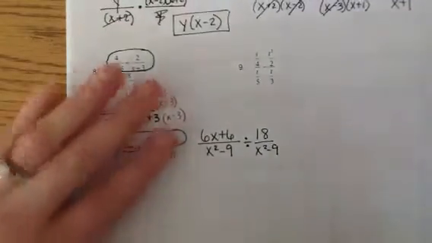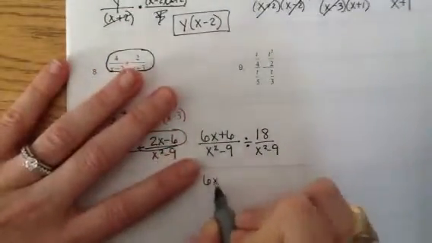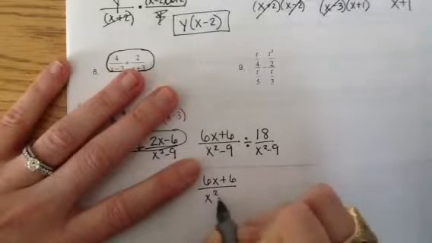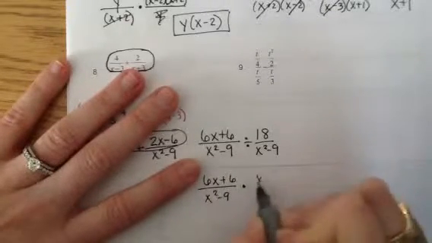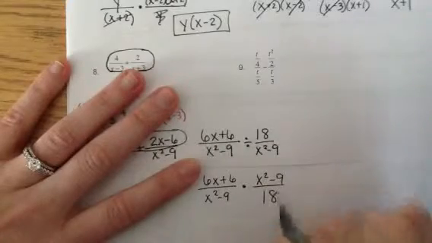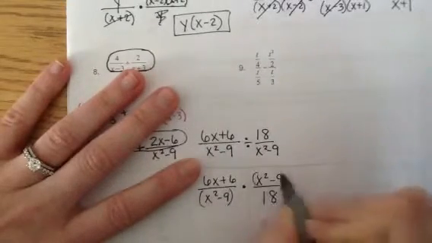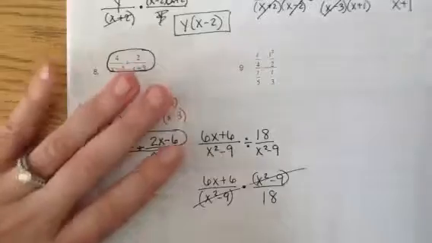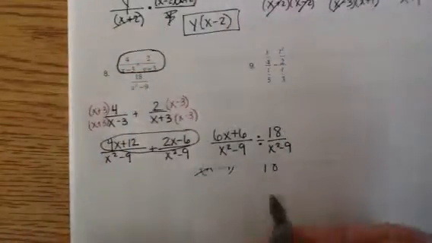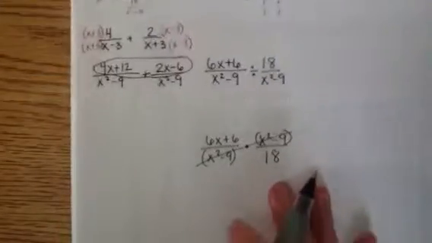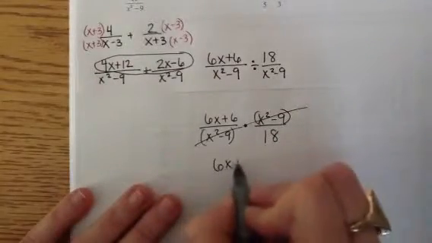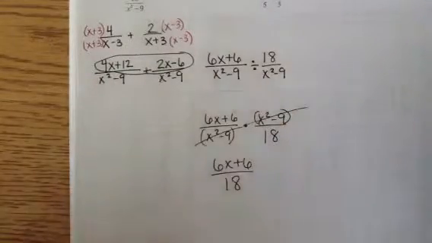So what you want to do is multiply by the reciprocal. And we see right away these are the exact same thing. Even if you factored them, it would cancel. And I get 6x plus 6 over 18, you are not done.